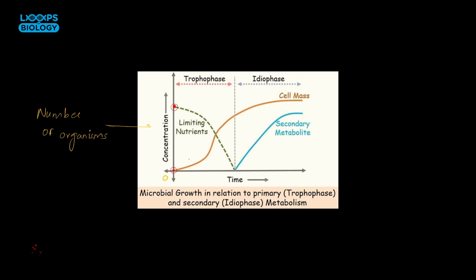As soon as the nutrient starts to deteriorate, that means they are decreasing in number, the number of organisms will start increasing. Why? Because all the organisms are using these nutrients for their growth. As soon as the nutrients are over at this particular point, from this point the stationary phase starts.